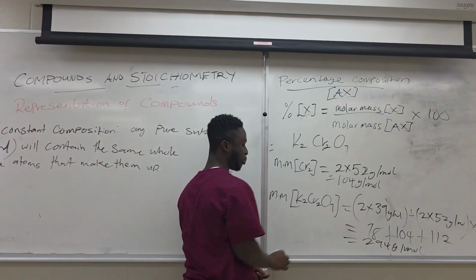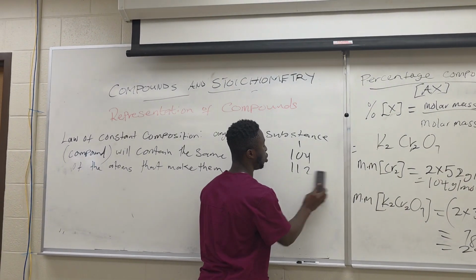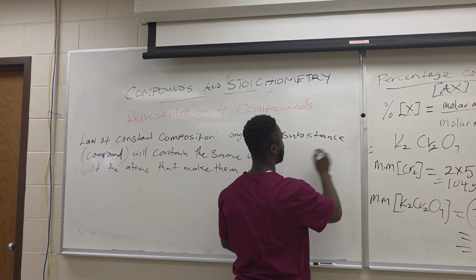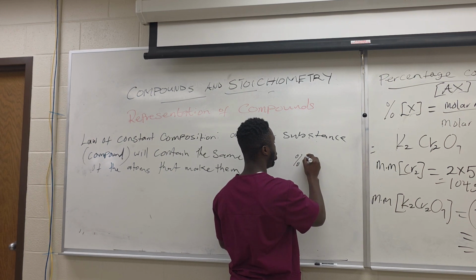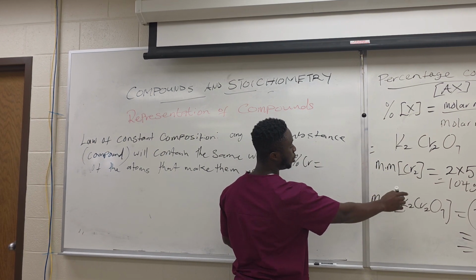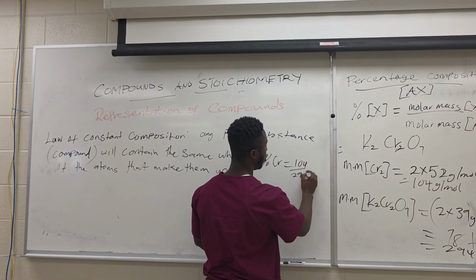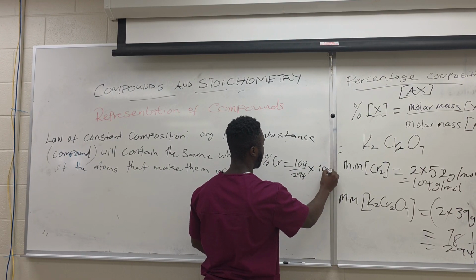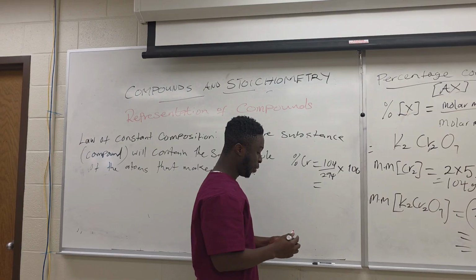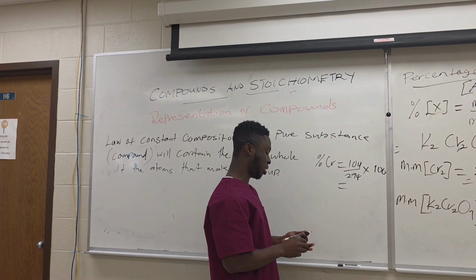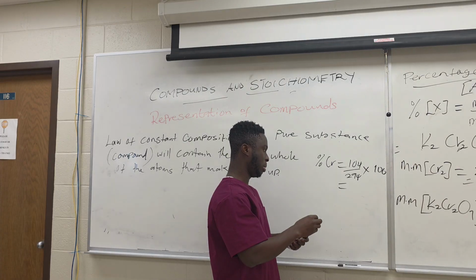Now I don't mind if you use approximations, I have assumed, so it's going to differ a little bit. So if I want to find the percentage composition of chromium over here, it is going to be 104 divided by 294 multiplied by 100. Now, if you can do 104 by 294 in your head or on paper on the MCAT, be my guest.